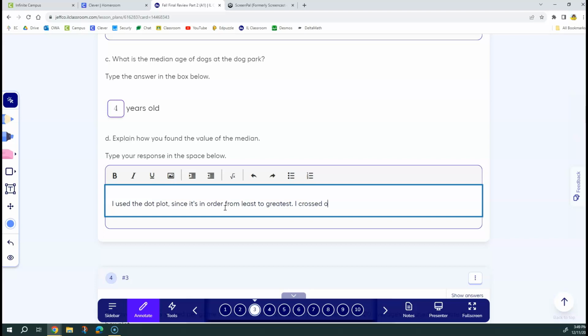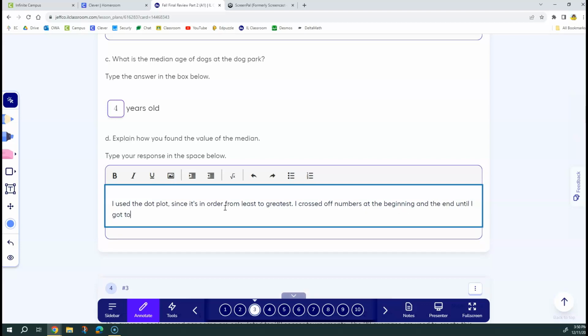I crossed off numbers at the beginning and the end until I got to the very middle number, which is 4.